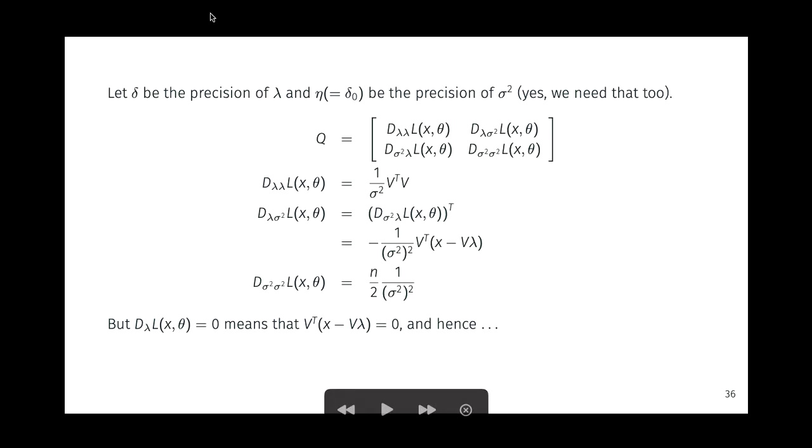The second derivative with respect to sigma squared is just this yucky looking expression there, which is just the variance. And the cross terms haven't quite gone away just yet, except that because these lambdas are optimal, this one is 0. So the cross terms, lambda sigma squared and sigma squared lambda, disappear. So I've got a block diagonal matrix with a lambda lambda block and a sigma squared single number.